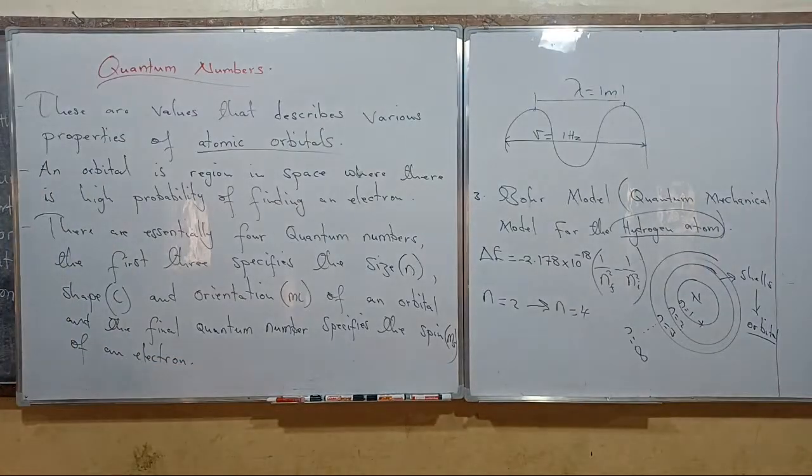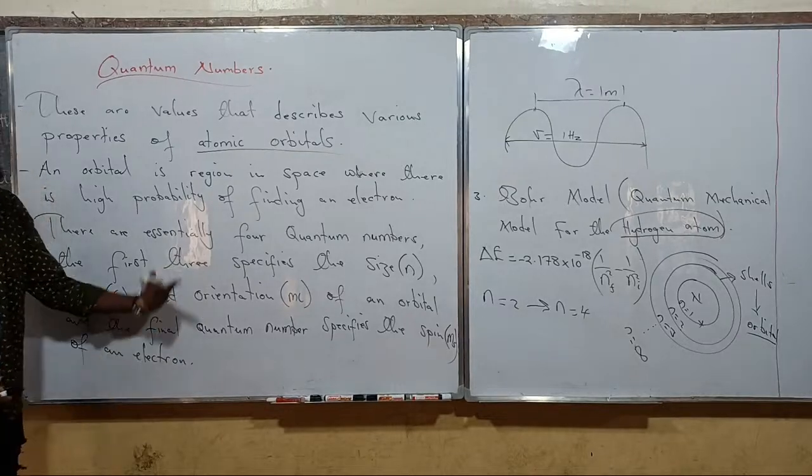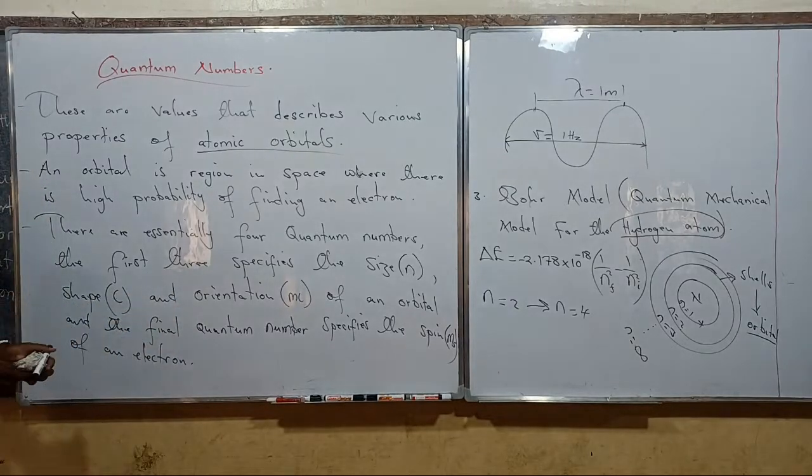We only have these 4 quantum numbers. We're going to look at each one by one, and then see, using an example, how all 4 quantum numbers relate.